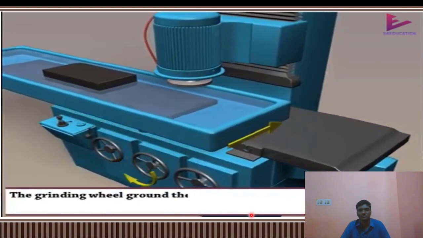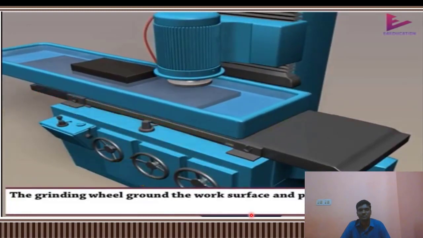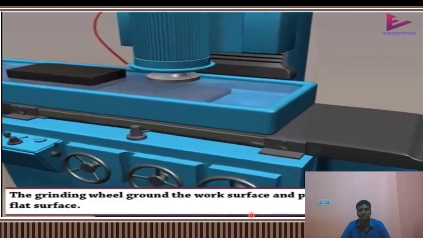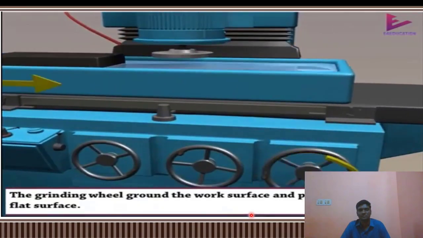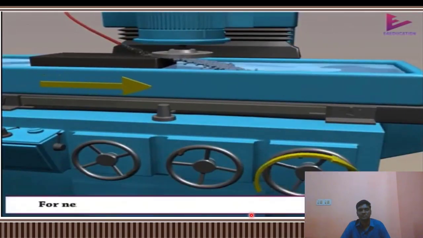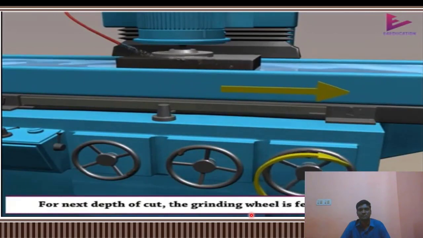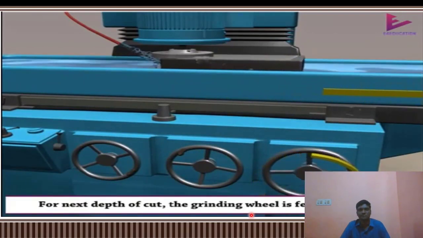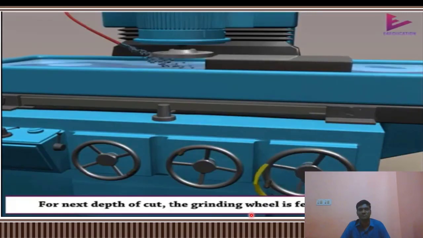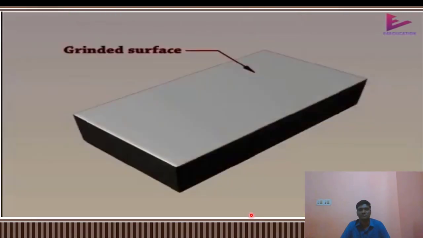The grinding wheel grinds the work surface and produces a smooth and flat surface. For the next depth of cut, the grinding wheel is fed downward. Ground surface.